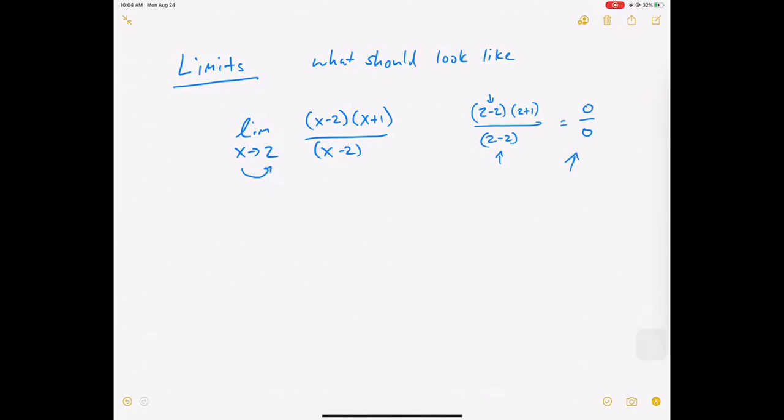So this leads us to a special term, and this is called indeterminate. Indeterminate. Did I misspell that again? There it goes.